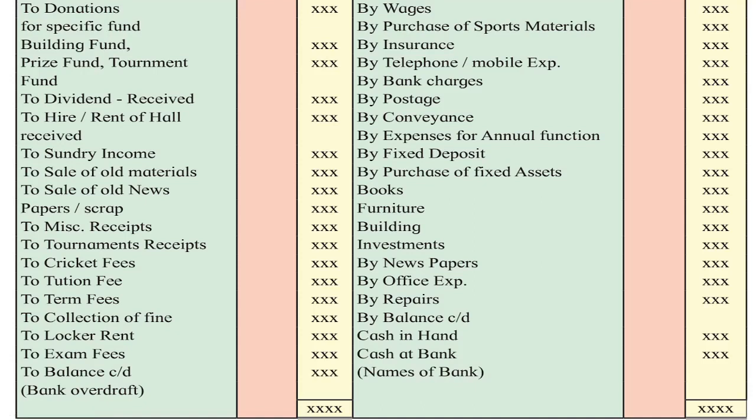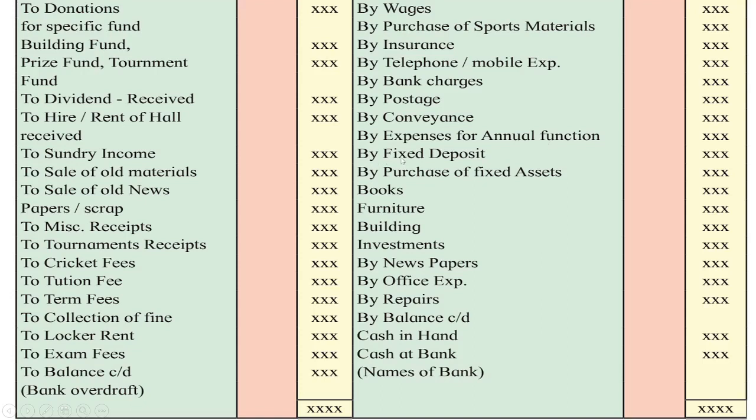See, sports materials are assets for our organization, hence transfer to the asset side. Thereafter, insurance, telephone or mobile expenses, bank charges, postage, conveyance, expenses for annual function, all these are revenue expenses, hence transfer to the expenditure side.